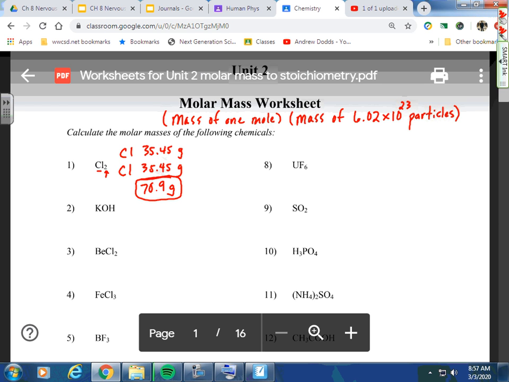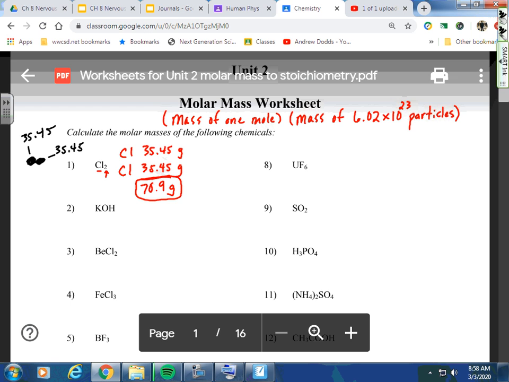So basically, if I was looking at chlorine, it's Cl2. It's just 2 atoms together. So the mass of this one is 35.45. The mass of this one's 35.45. If I want to know the mass of the whole thing together, just add them together, right? Okay. 2's pretty easy. 3's pretty easy. 4's pretty easy. 5's pretty easy.